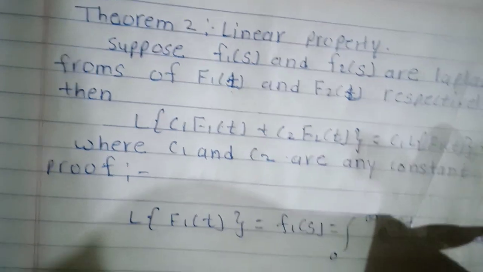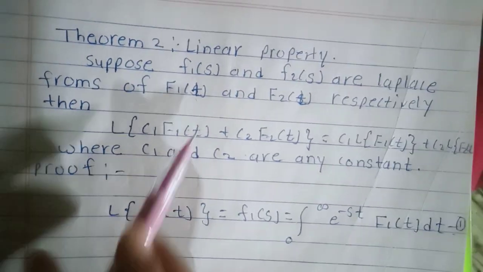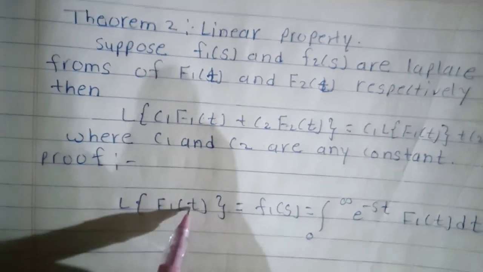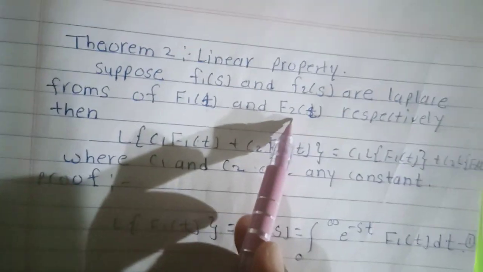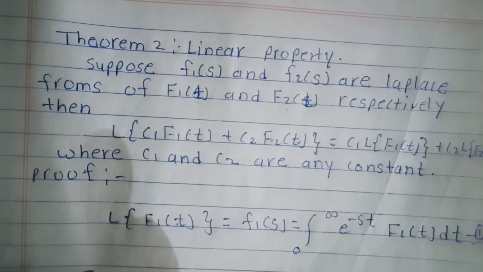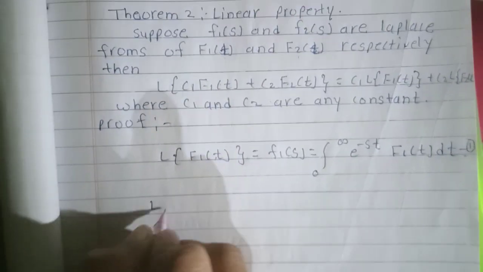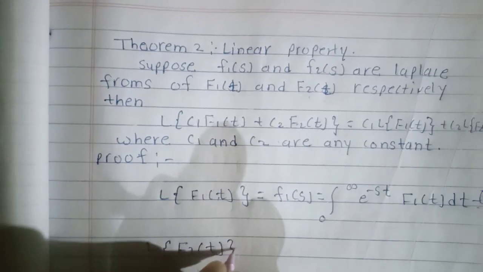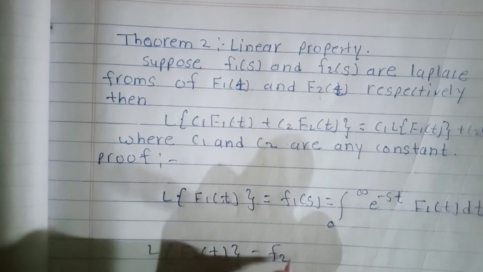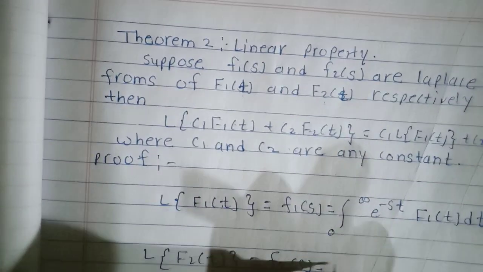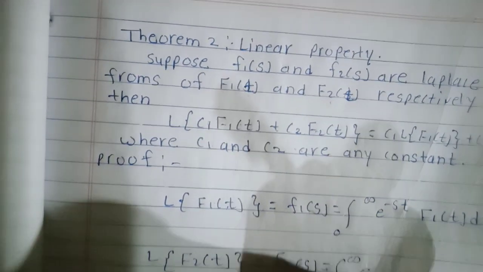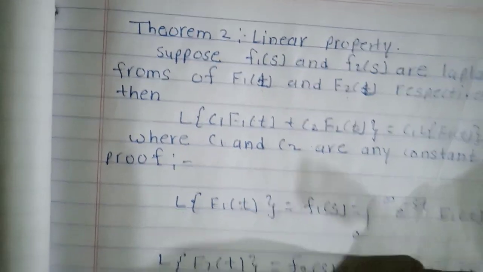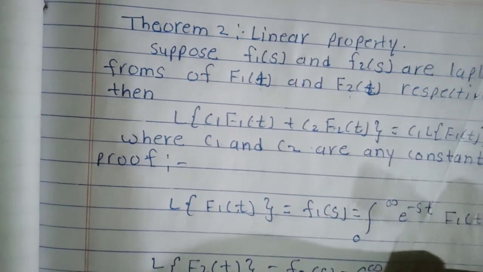This is equation number 1. Then the second Laplace transform, Laplace transform of f2 of t, is equal to F2 of s, integration 0 to infinity e raised to minus st f2 of t dt. This is equation number 2.